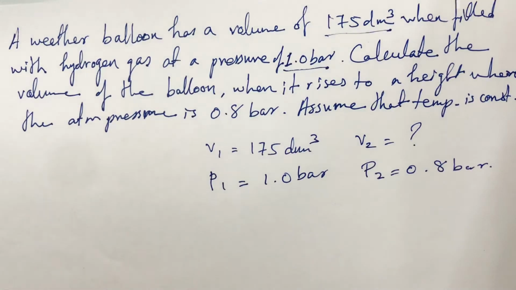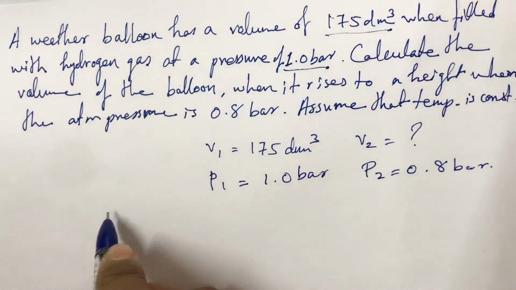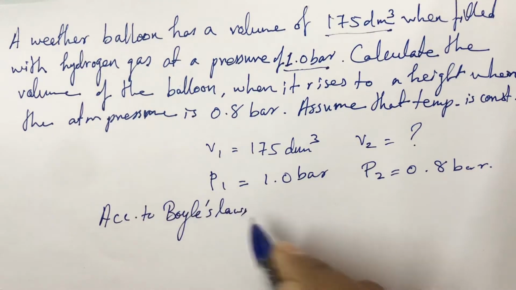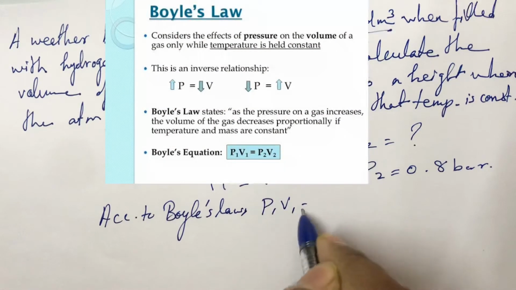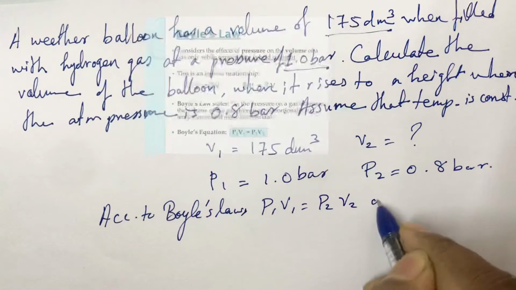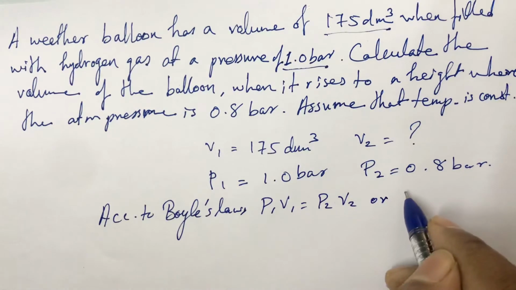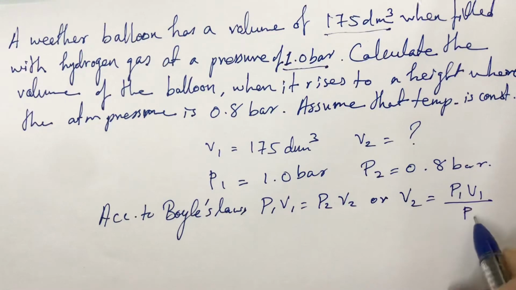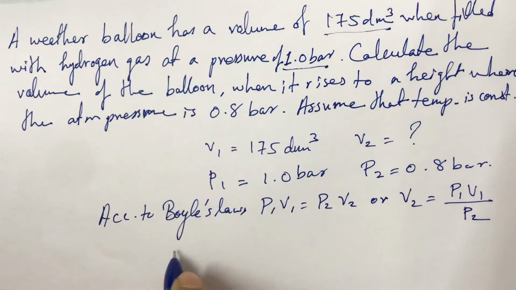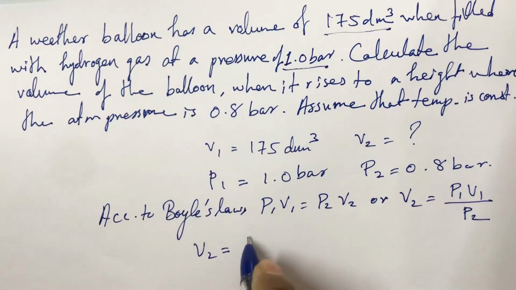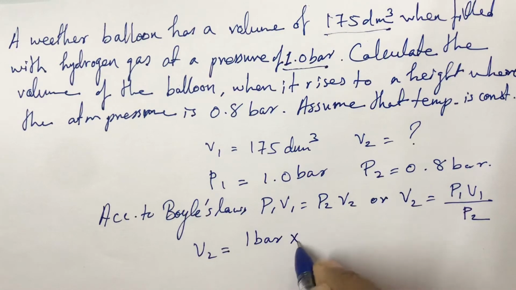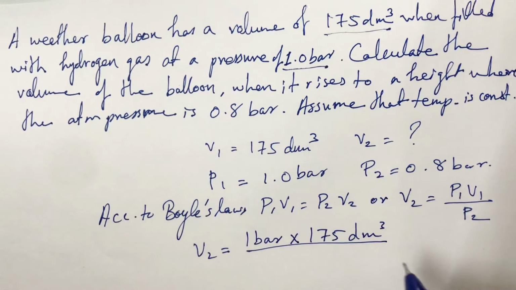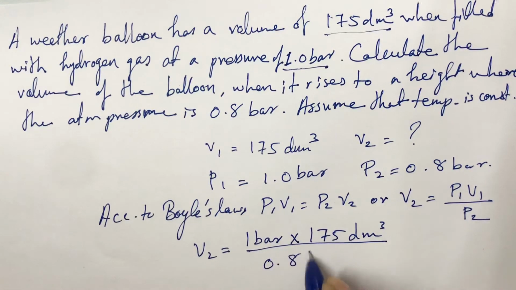So the same formula we can use, according to Boyle's law. What we have learned is P1 V1 is equal to P2 V2, and what we have to find out is V2. So V2 is equal to P1 V1 upon P2, or V2 is equal to 1 bar, that is our P1, into 175 dm cube, that is our V1, divided by 0.8 bar.